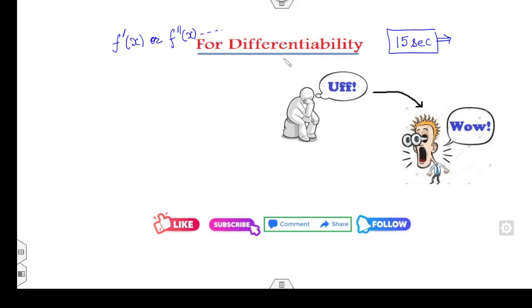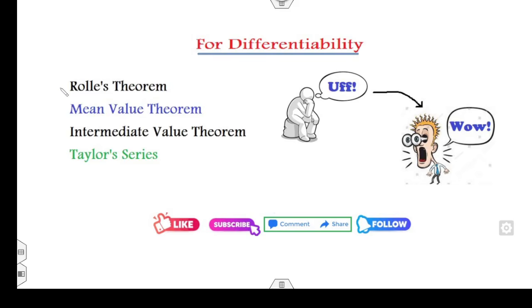Always remember students, whenever you see a question related to a function of one variable, find f dash x, then always keep in your mind four concepts: Rolle's theorem, mean value theorem, intermediate value theorem, and Taylor series come into the picture.